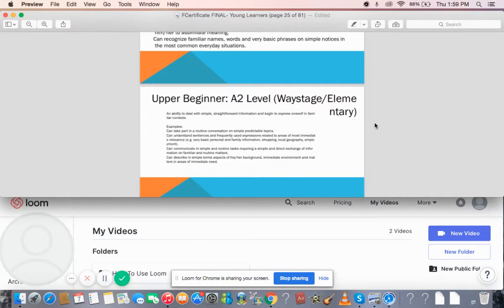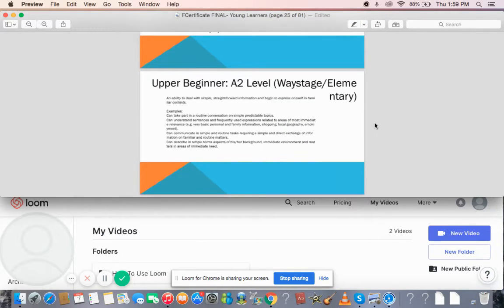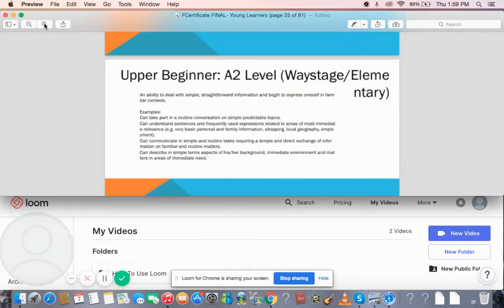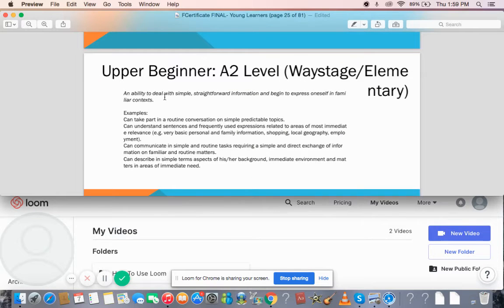Then we have upper beginner, A2 level, waystage, elementary. So what does it mean? With this waystage, an ability to deal with simple, straightforward information and begin to express oneself in familiar contexts. They could do written conversation. For students, you can ask basic questions. What's your father's name? Where do you live? What's your father's job? Or how much is this?